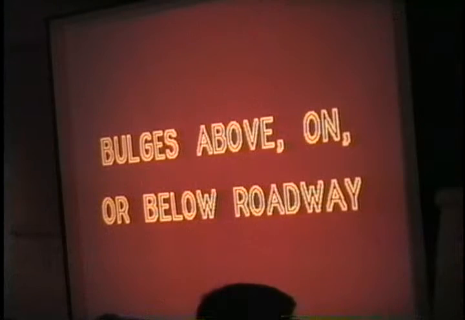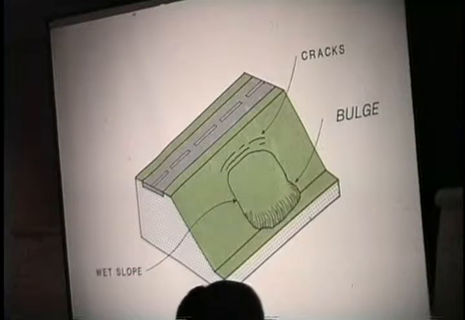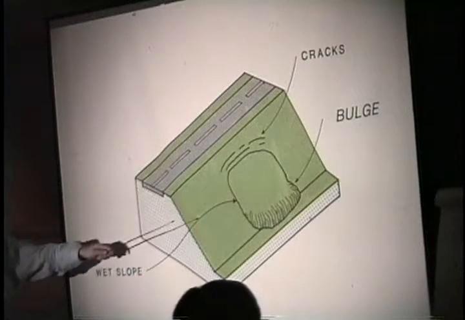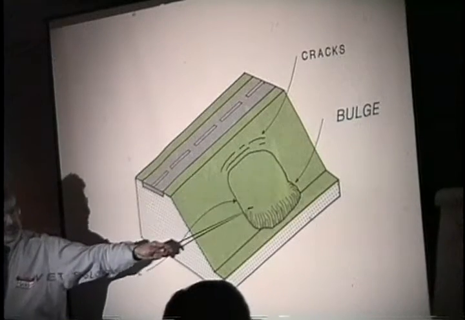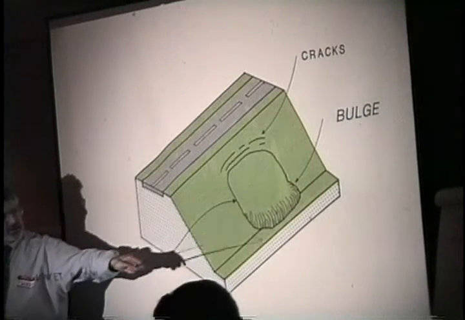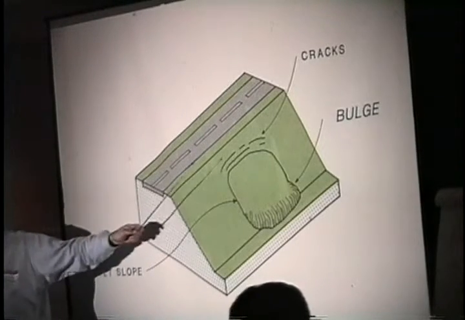Debris on the roadway. Bulges above, on or below the roadway. Debris on the roadway from an uphill situation means that the slide debris has already traveled that much further. If it's heavily vegetated, you may not see it.